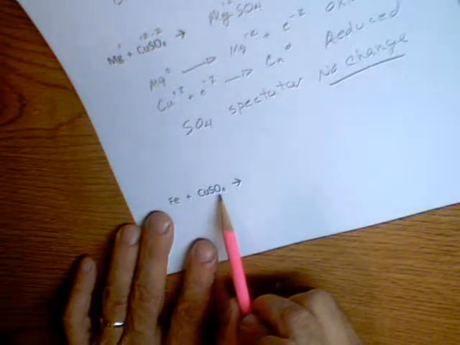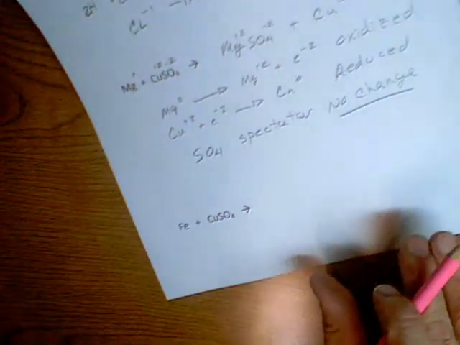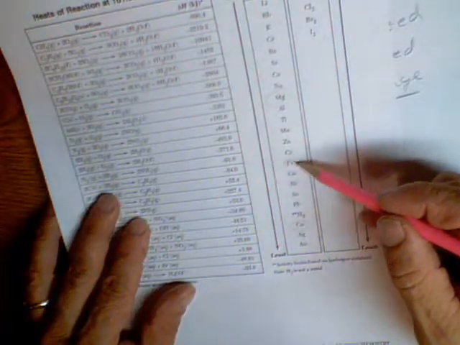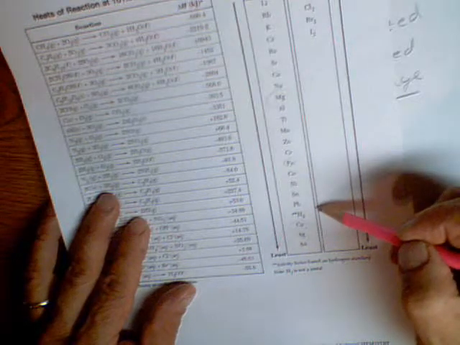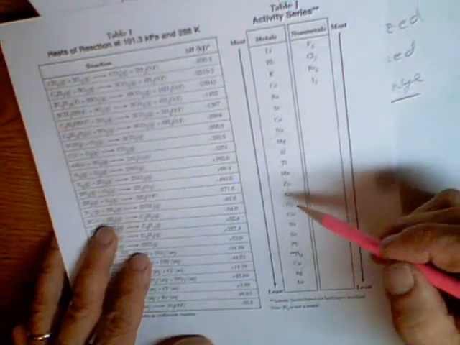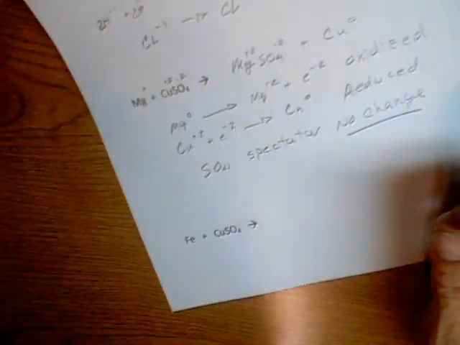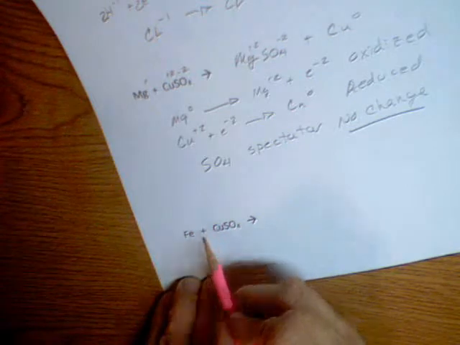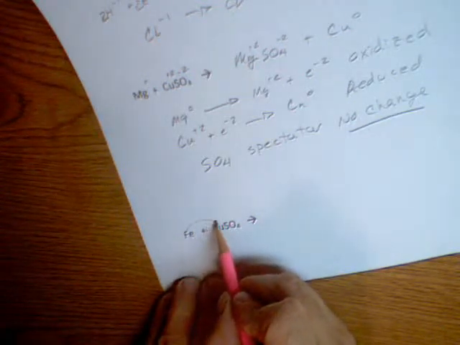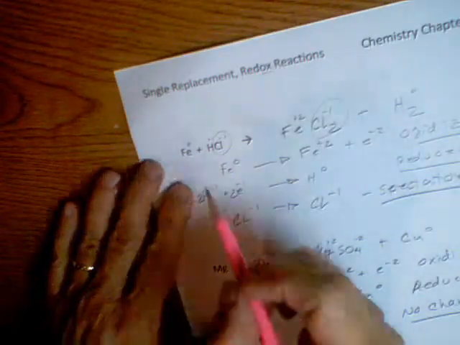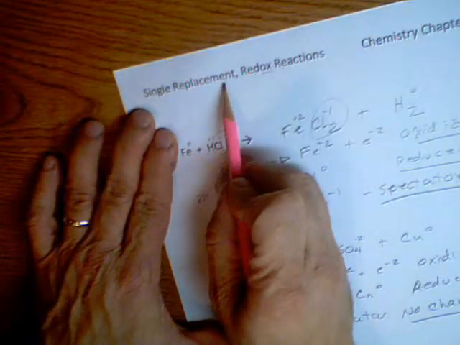We could do the exact same thing because if we look on our activity series, iron is more reactive than copper, so it's going to replace it. And that's how you know whether this reaction will go or won't go. The iron is just going to replace that copper, and that, by definition, is a single replacement reaction.